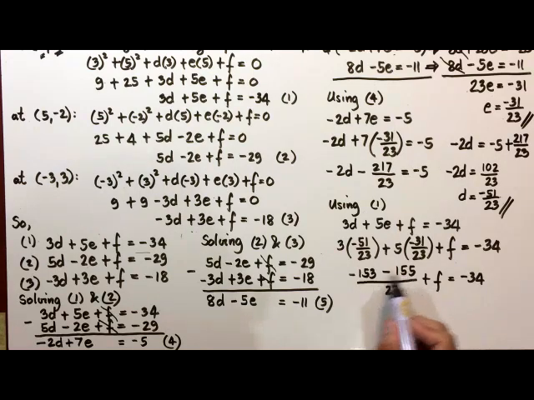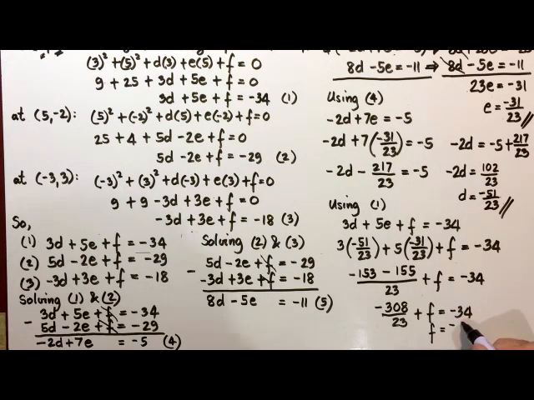So adding these two numbers, -153 and -155, that becomes -308 over 23 plus f is equal to the -34. And then if I add both sides by this number at the left and that number to the right, I will be able to get my f, which is equal to -474 over 23.